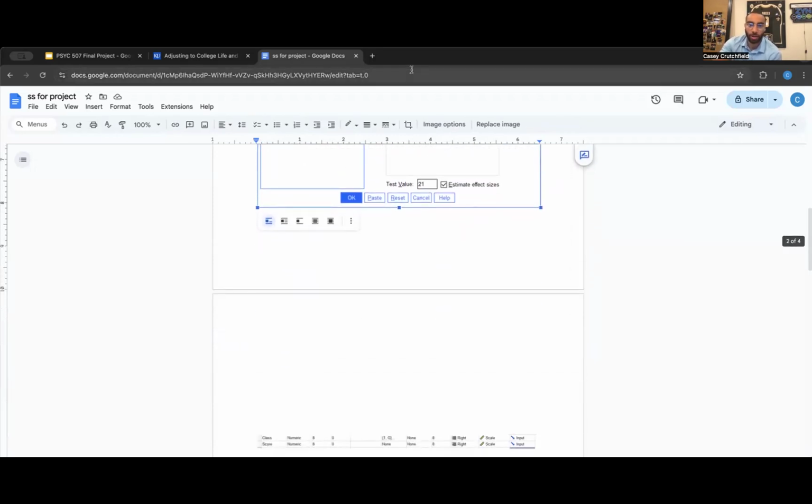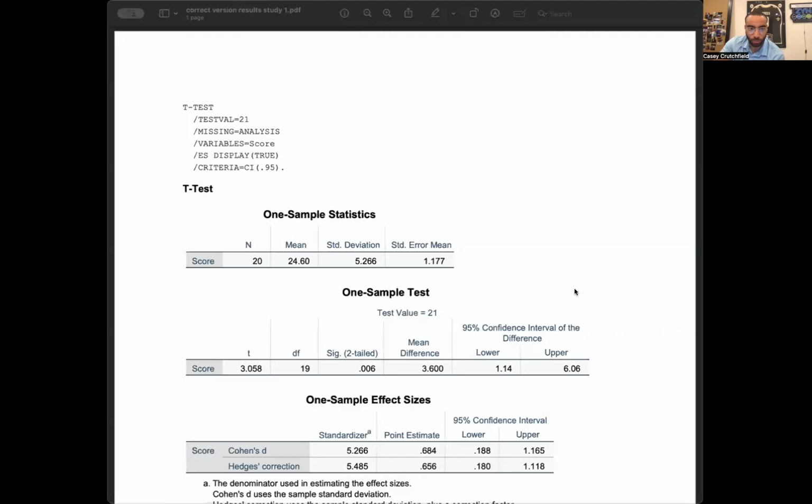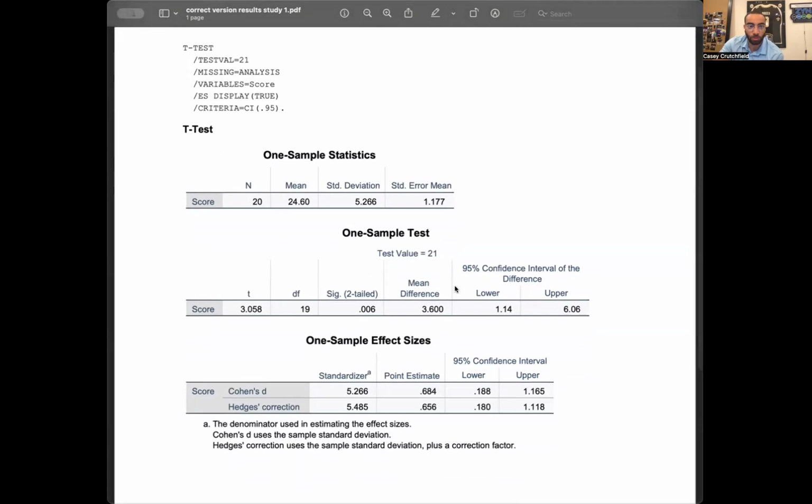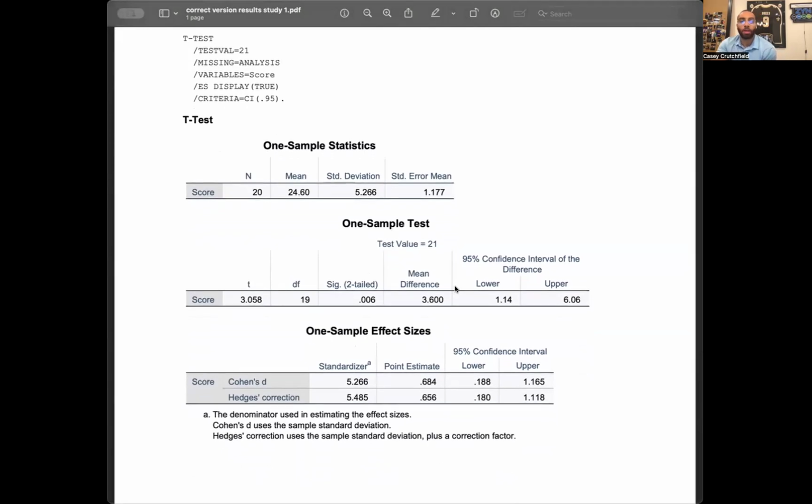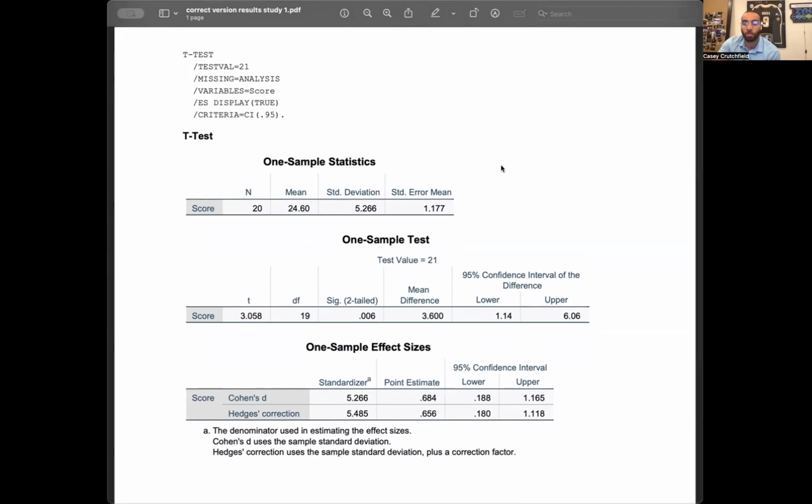Then I pressed OK and got my results, which I will now show. This was my results for study one, and I used these results to do my write-up in my results section for my PowerPoint.